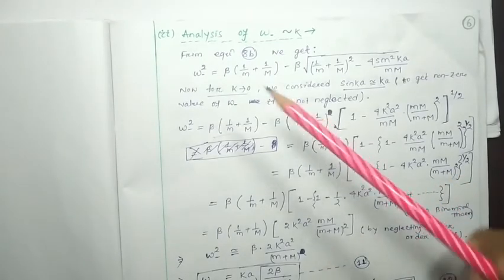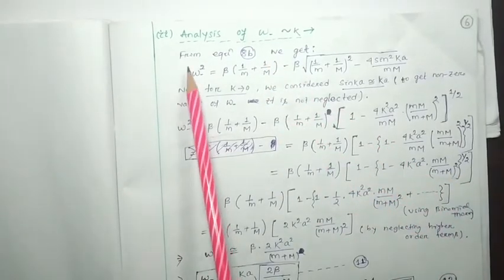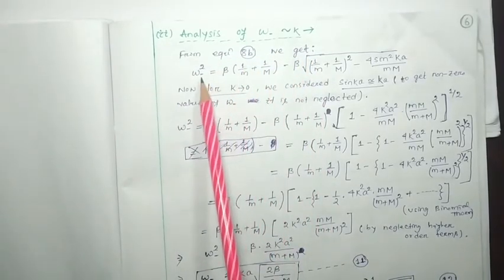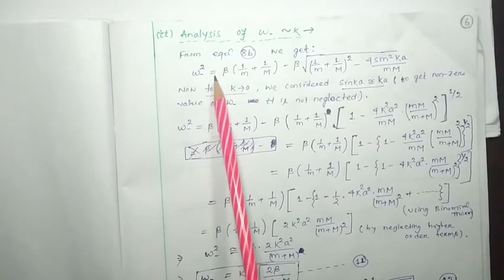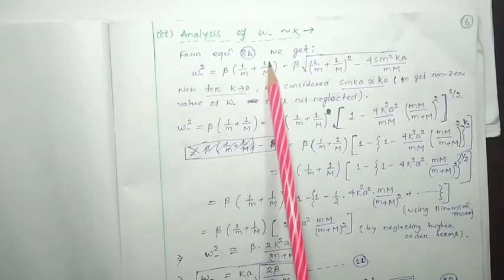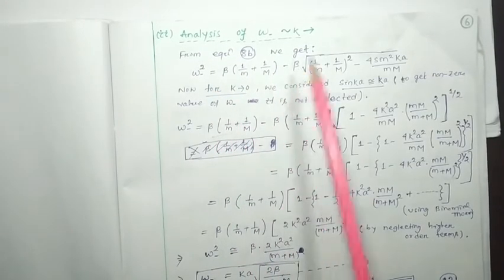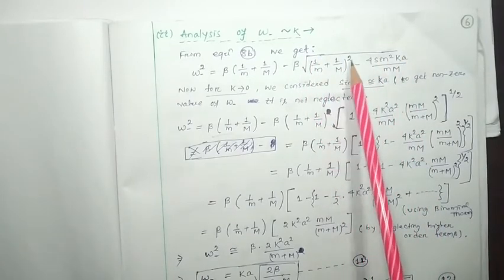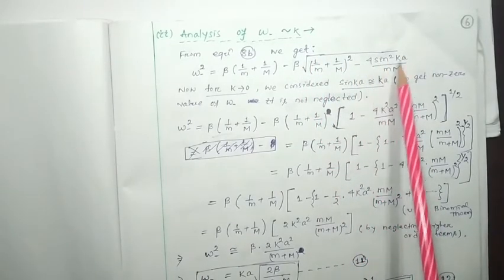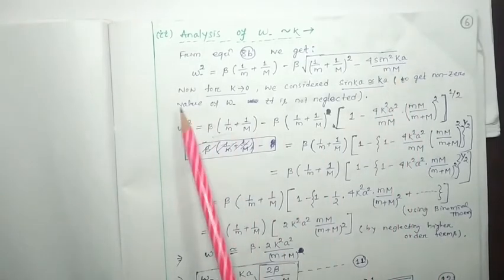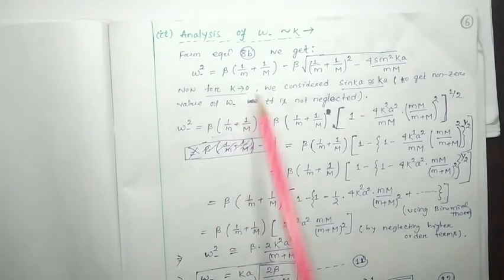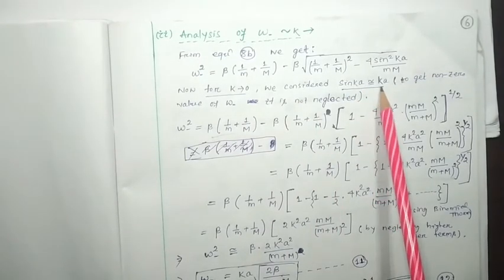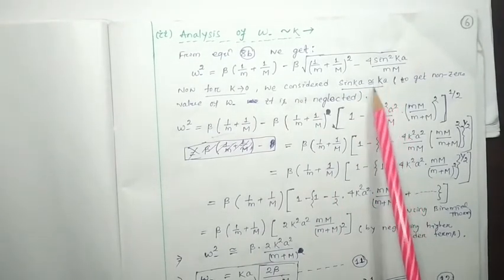Carefully you have to watch this one. From equation number 8b we get omega minus square equal to beta into (1/m + 1/M) minus beta root over of (1/m + 1/M) square minus 4 sin square ka by mM. Now for k tending to 0, we consider ka not equal to 0.